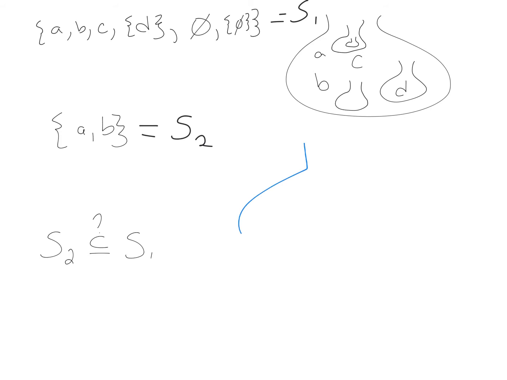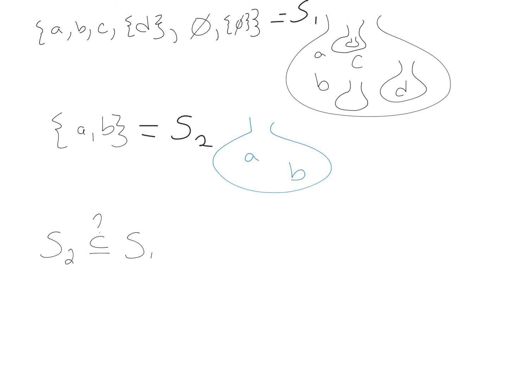So set 2 is another bag, and inside of that bag there is an A and a B. So we're just going to put those into set 2. Okay? Alright, so there's set 2. So all we need to do, if we want to figure out whether set 2 is a subset of set 1, we just need to go through every element of set 2 and see if it's in set 1 somewhere.